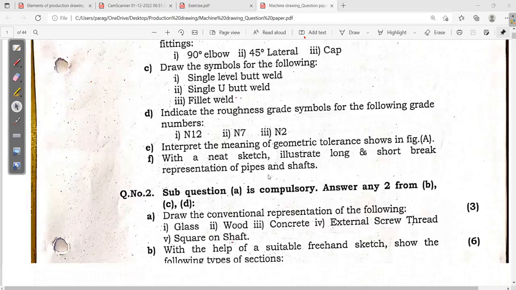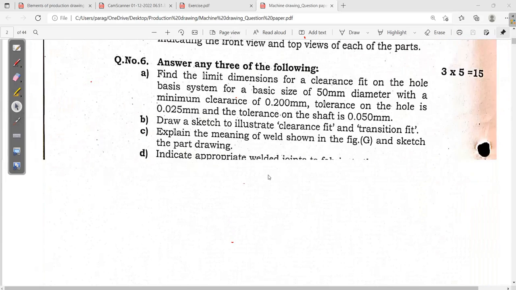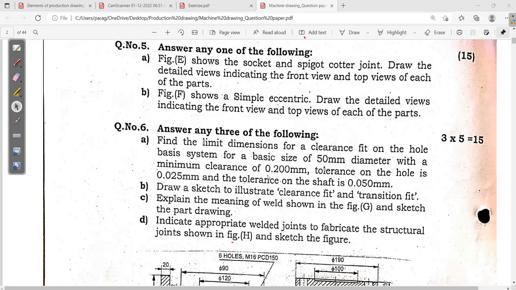Now a question came on dimensional tolerances: find the limit dimensions for a clearance fit on a hole basis system. In this case the hole basis system is given, which means the basic size is directly given, a basic size of 50 mm diameter.